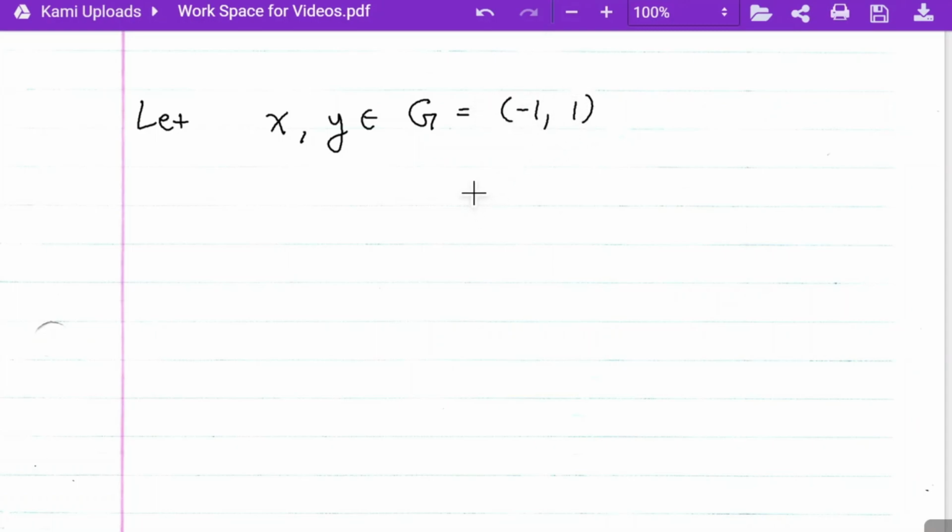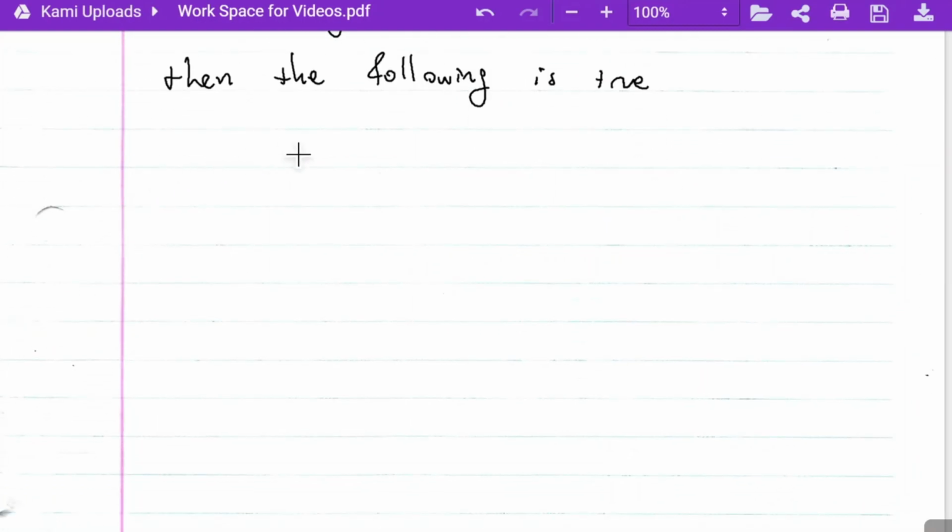And what does this mean? Then the following is true. If x is a member of G, then we have this inequality. And if y is a member of G, then we have this inequality.